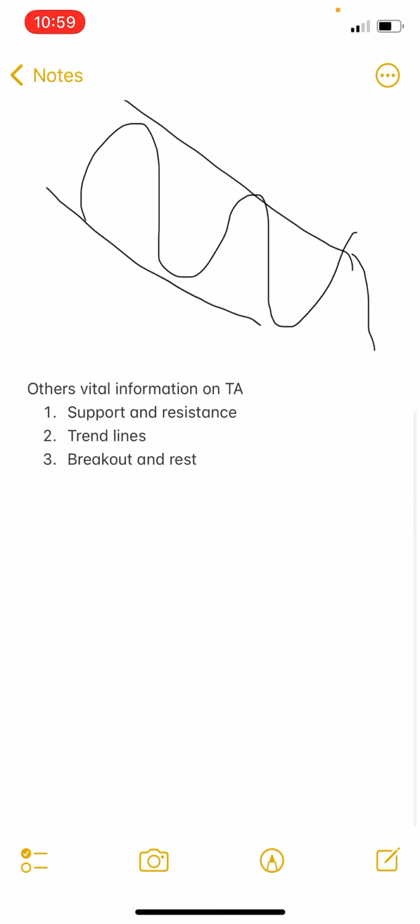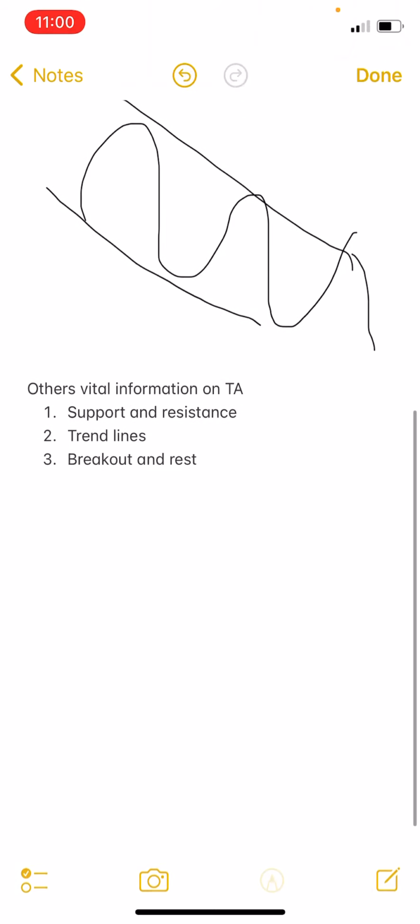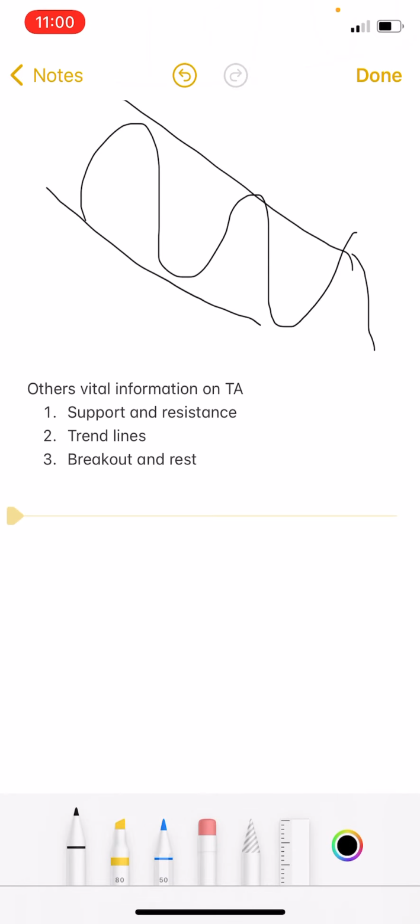So from here now, what is support and resistance about? Let's say, for instance, I have something like this as my chart.